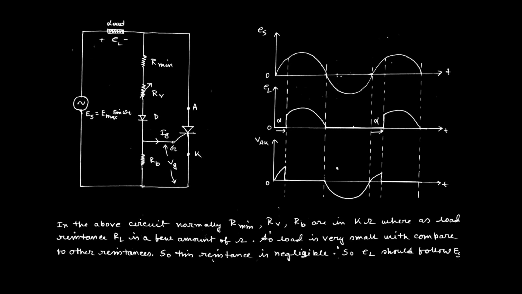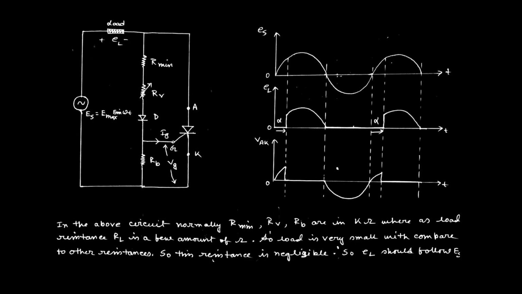But it is also possible that when the supply voltage reaches the maximum value, the voltage appearing across gate to cathode is maximum. That can be defined by Vg max. So Vg max should be within a permissible amount, and that should be restricted by using this resistance, defined by Rb, the stabilizing resistance.